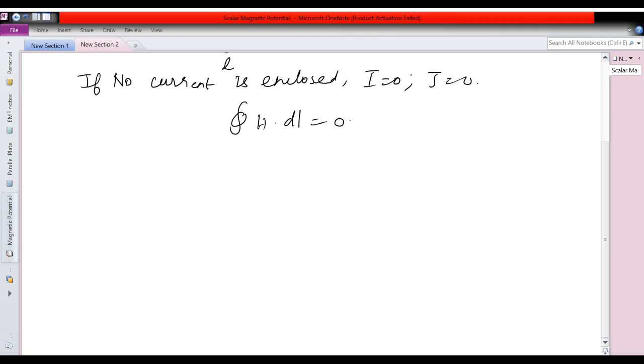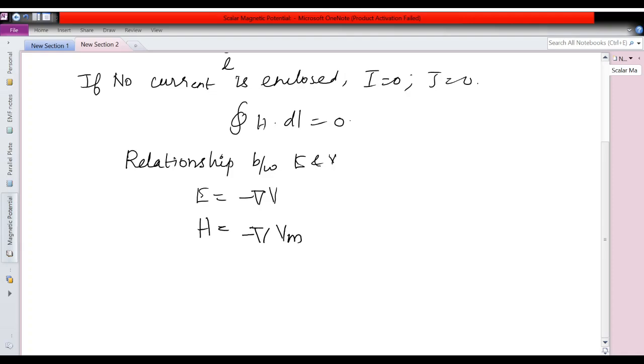It is also a scalar quantity, and when you learn magnetic potential, you have to learn in analogy with the electric field. The relationship between electric field and potential is given as E is equal to minus del V. In analogy to this, the magnetic field H will be equal to the negative of the scalar potential, minus del Vm.